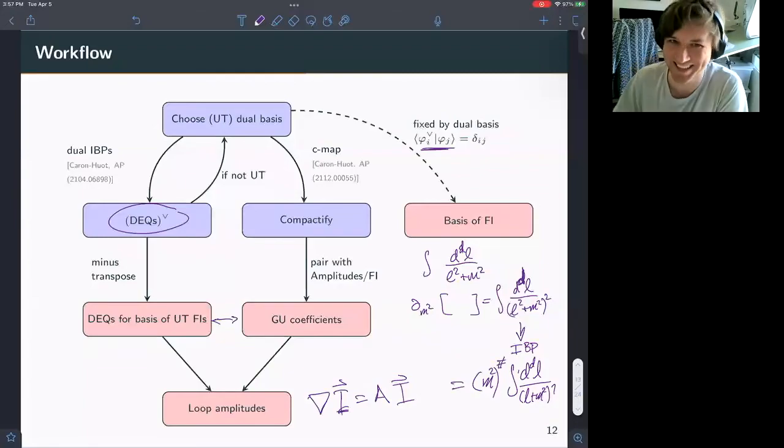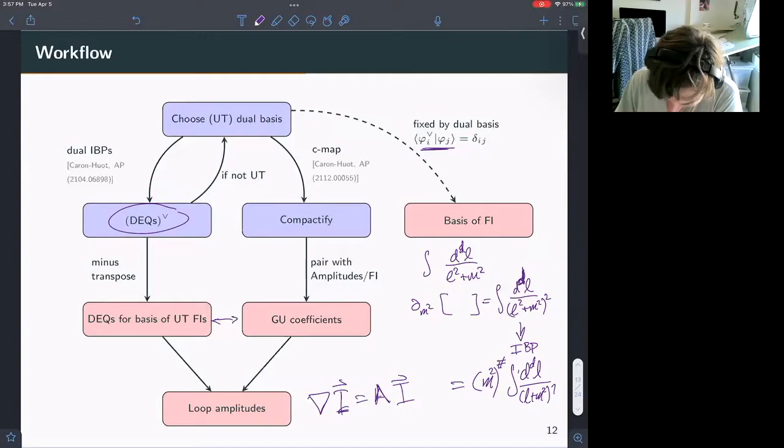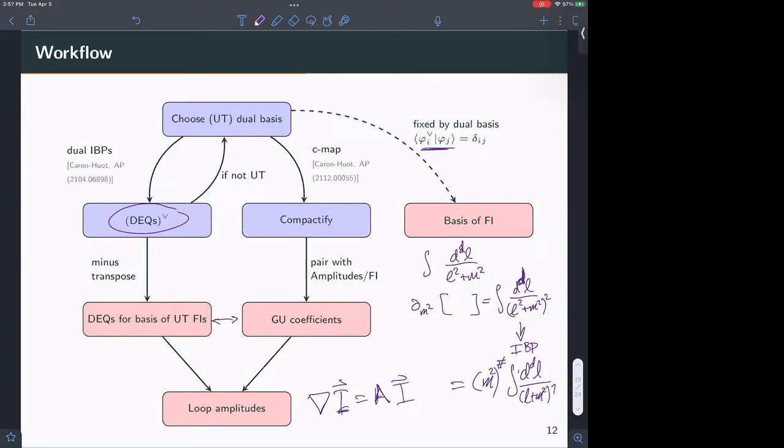Oh, okay. It's like Picard-Fuchs equations. The Gauss-Manin equations are for elements of the cohomology class, I guess. And they're linear differential equations.